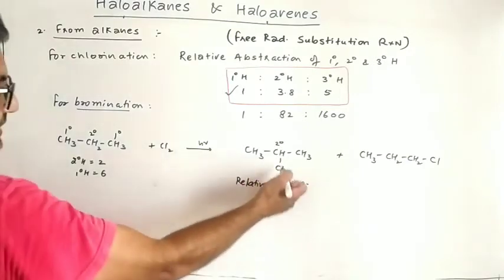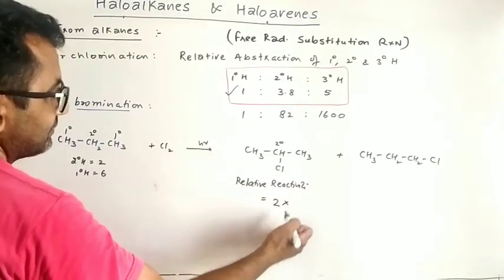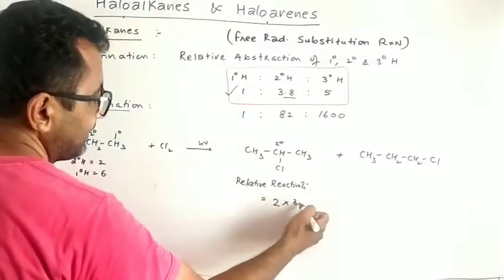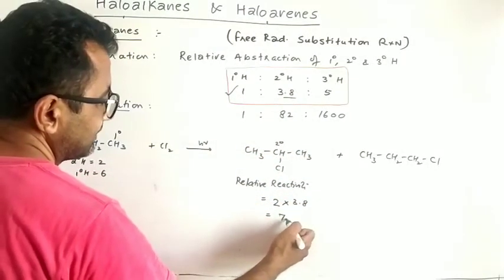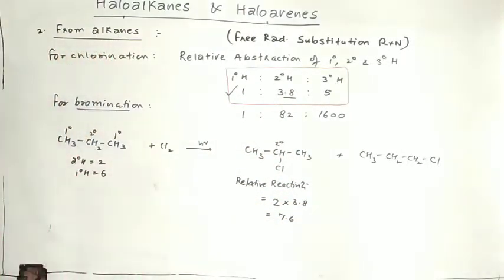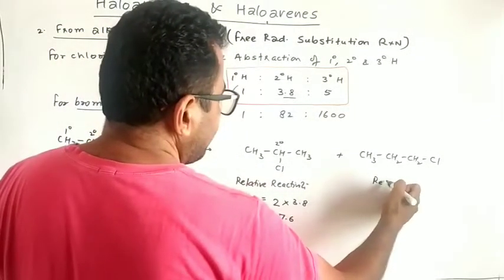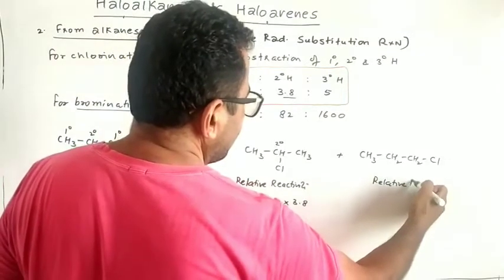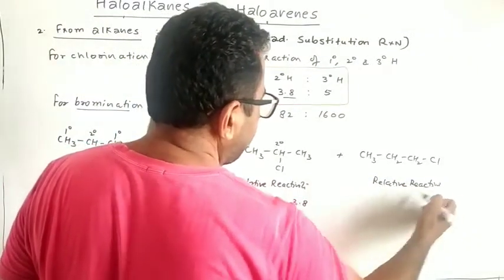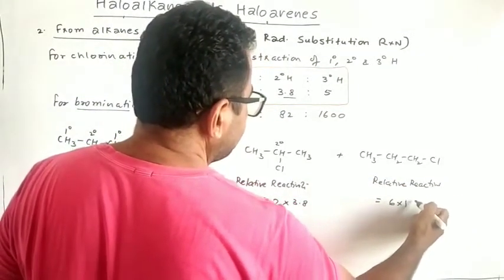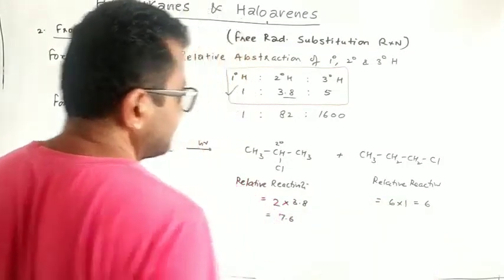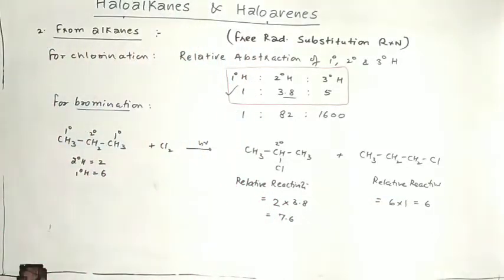So 2 डिग्री रिप्लेस करके ये बना है तो कितने हाइड्रोजन है 2. तो 2 डिग्री की वैल्यू क्या है 3.8. तो ये कितना हो जाता है आपका 7.6. ये बना है 1 डिग्री रिप्लेस करके. तो इसकी रिलेटिव रिएक्टिविटी क्या होगी? रिलेटिव रिएक्टिविटी 6 into 1 that is 6. 6 into 1 क्यों किया? बिकॉज इसकी जो रिएक्टिविटी है वो 1 है.